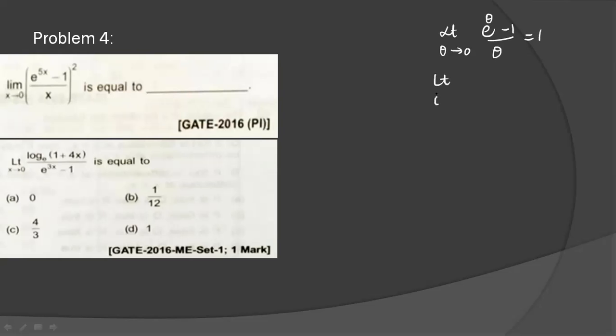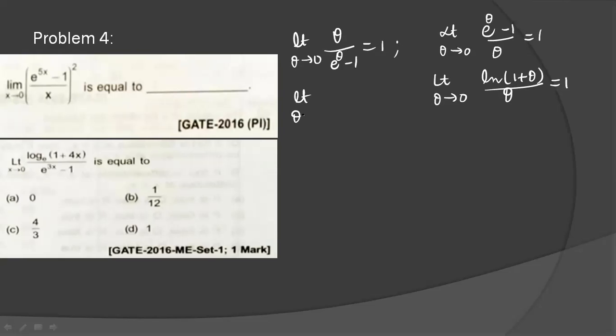And I also told you limit theta tending to 0 of ln(1 plus theta) upon theta equals 1. In the reciprocal case, limit theta tending to 0 of theta upon (e to the power theta minus 1) is also 1, and limit theta tending to 0 of theta upon ln(1 plus theta) is also 1. I have discussed these results in lecture 50. So we will use these results in these problems.